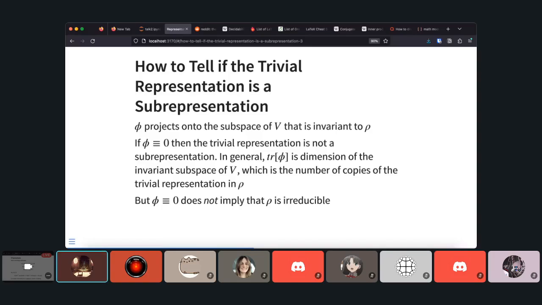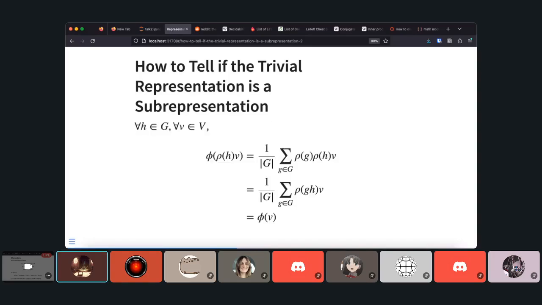So basically, we have this function that projects any vector in the vector space onto the part of the vector space that is invariant under rho, this representation of the group.